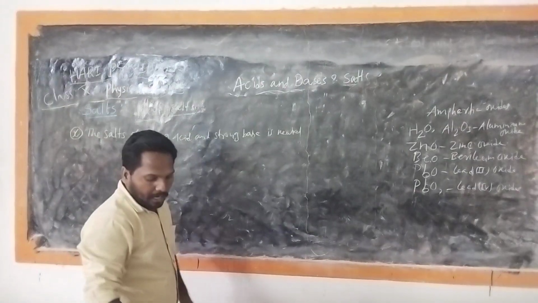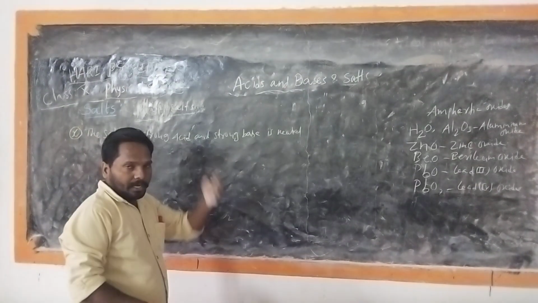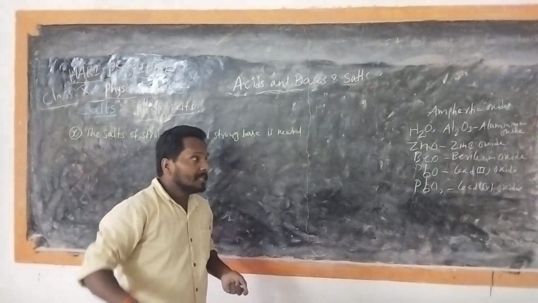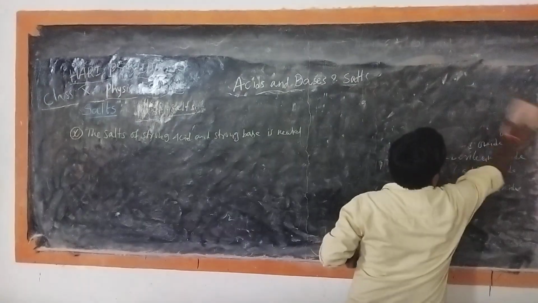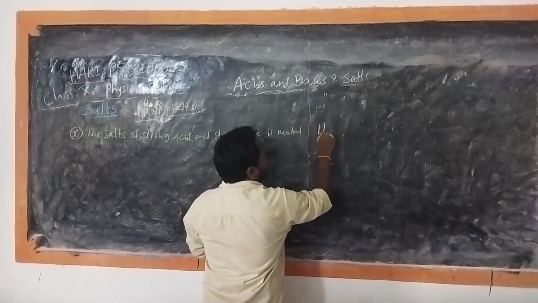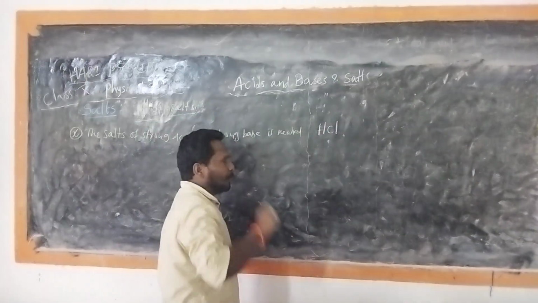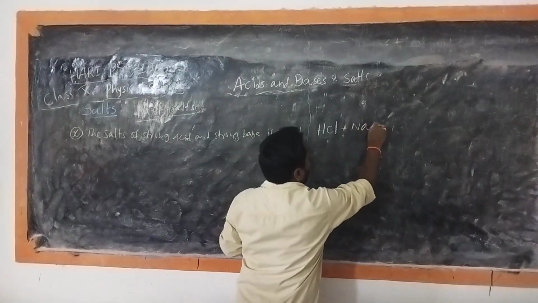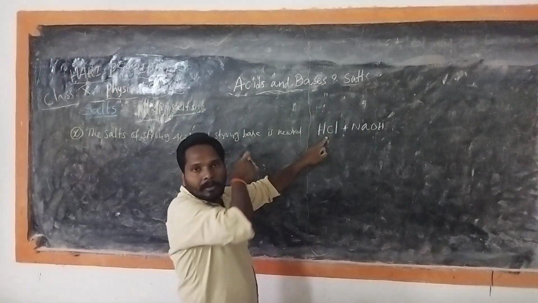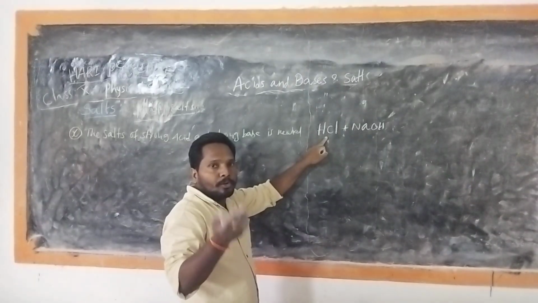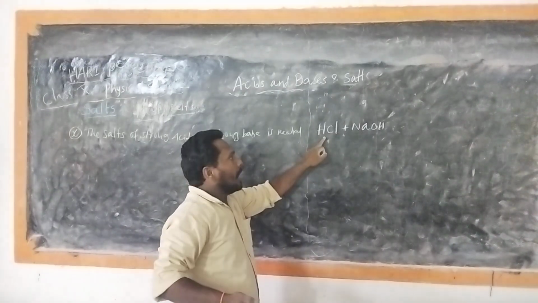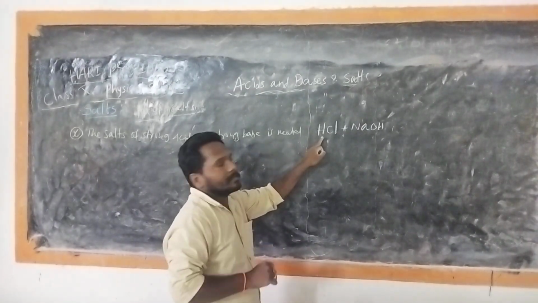If a chemical salt is formed by the reaction between a strong acid and a strong base, for example HCl, a strong acid, plus sodium hydroxide, a strong base. Why? When hydrochloric acid dissolves in water, it completely ionizes and gives a huge number of H plus ions.